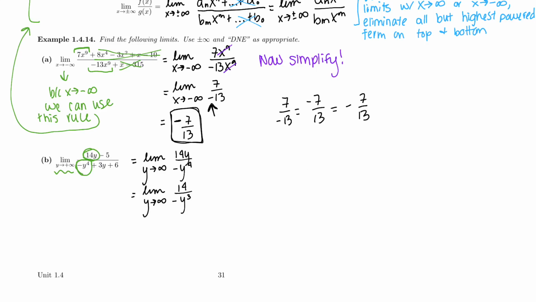If you're feeling uncomfortable with that math, you definitely want to review your exponent rules. But essentially, here's what's going on. Y to the fourth is the same thing as y times y times y times y. One of these y's cancels. Now you have 14 over negative y times y times y, which is 14 over negative y cubed.